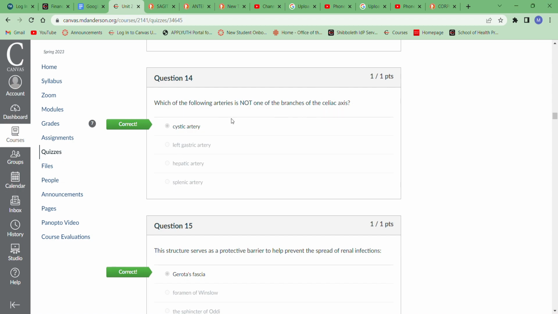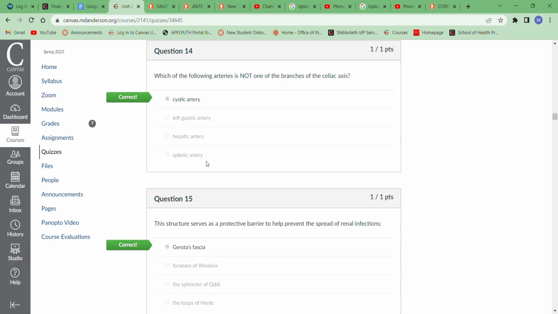I'm not sure exactly, but anyway, that's related to gastric, it's related to digestion. So this is the gastric artery, hepatic artery, and the splenic artery. Those first superior three organs.